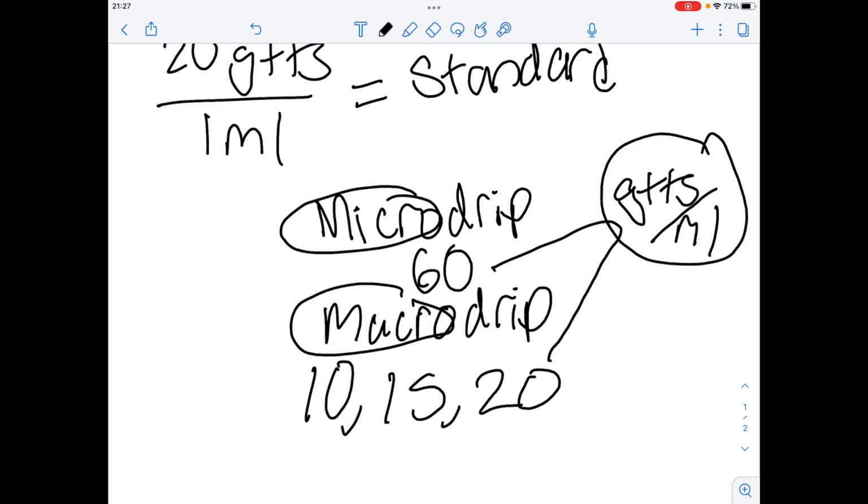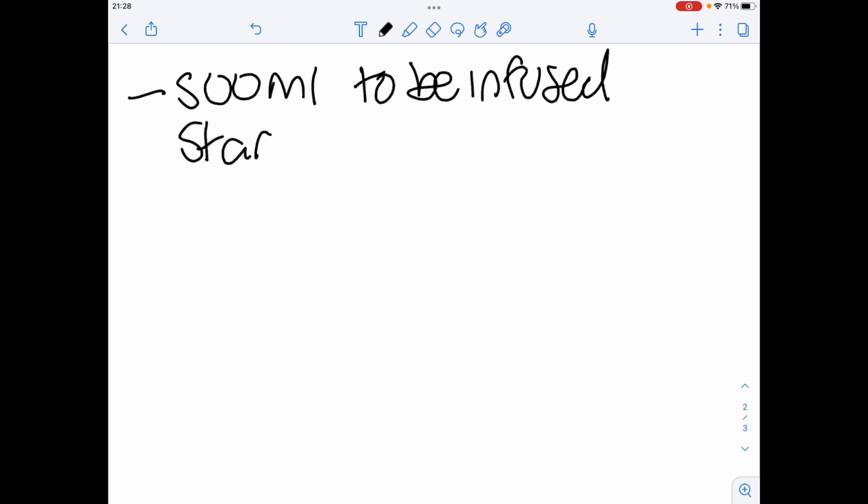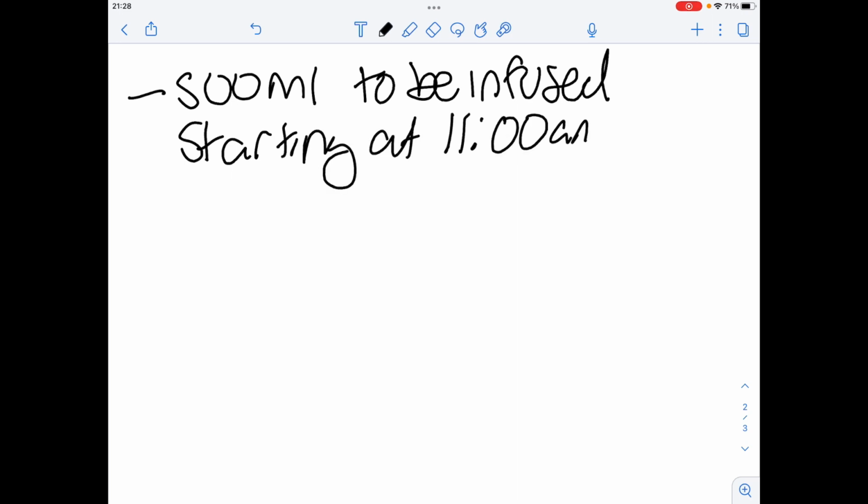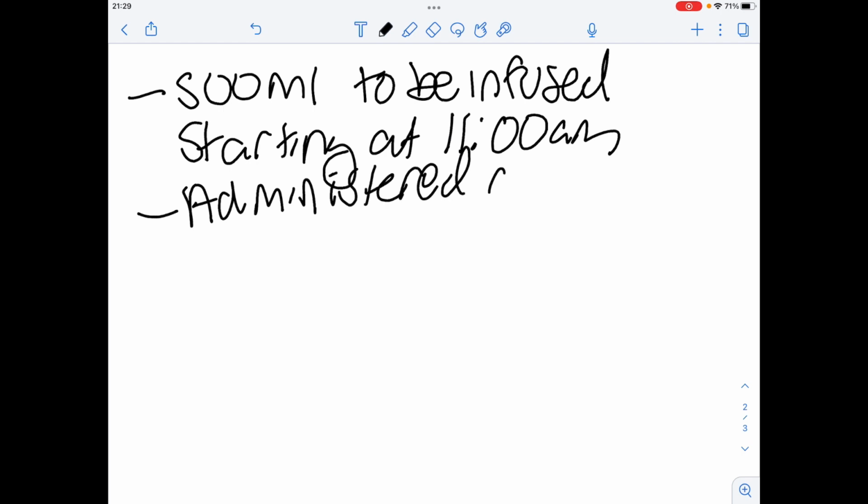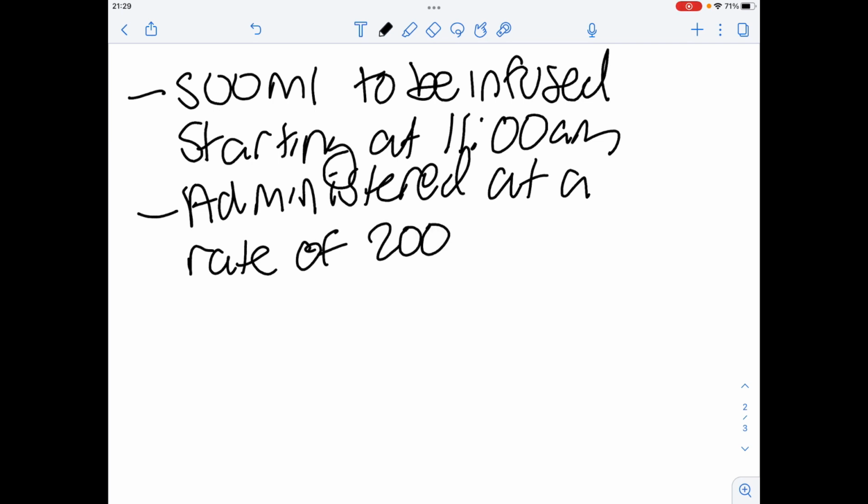So let's show this with an example. Let's just say we have a 500 milliliter bag to be infused starting at 11 a.m. And that is to be administered at a rate of 200 milliliters per hour. And we want to know at what time the treatment will be completed.